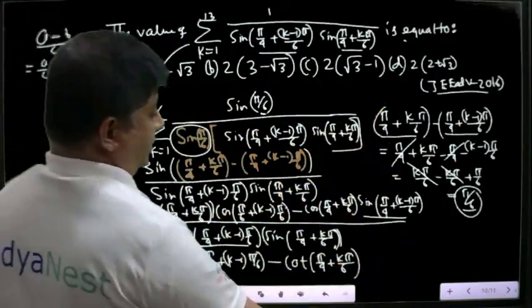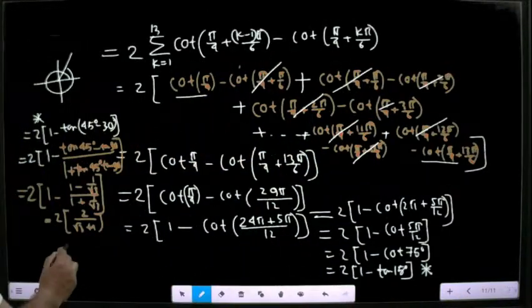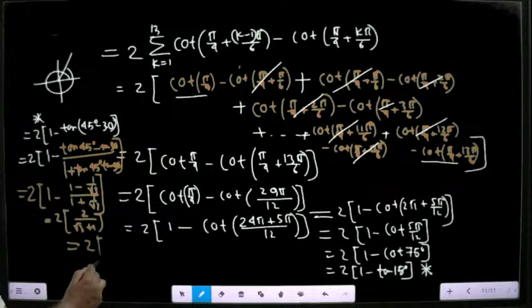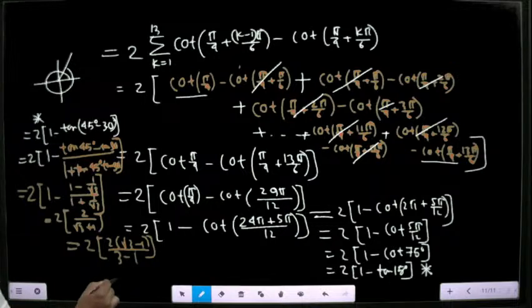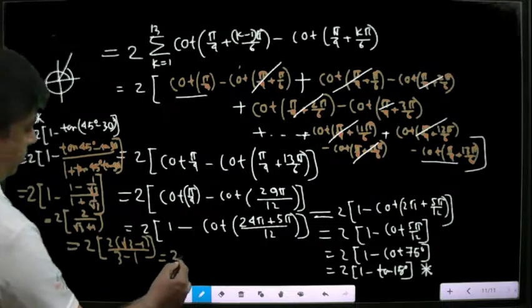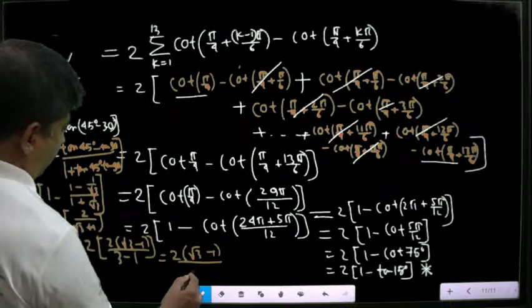Not yet. So more simplification required. You do one thing, rationalize. 2 root 3 minus 1 over 3 minus 1. So 2 root 3 minus 1 by 2.